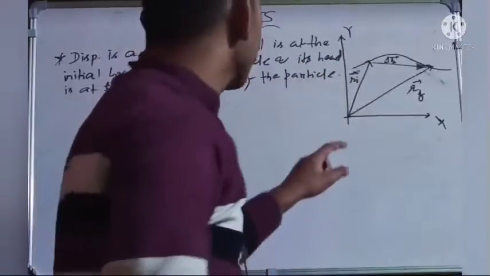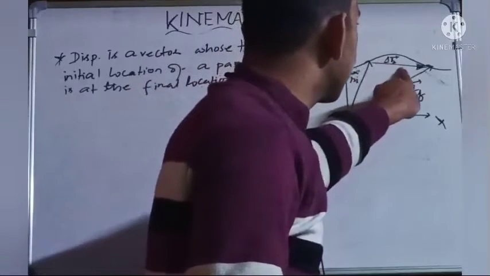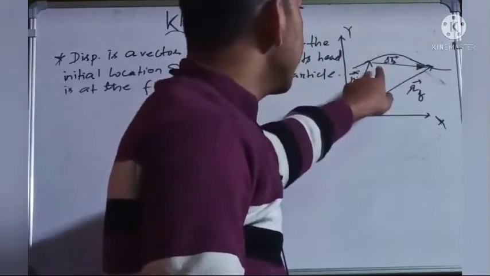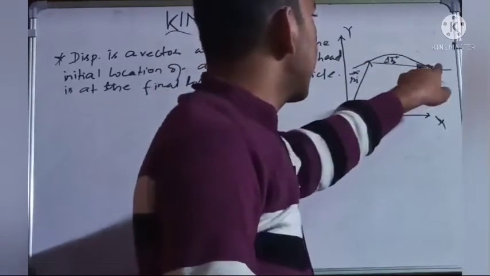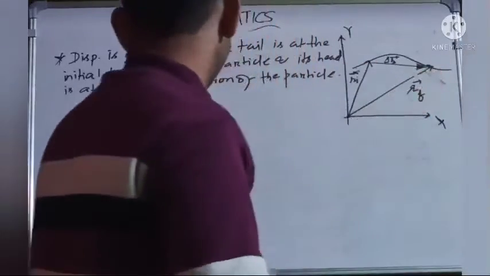Here we can see that this displacement vector, its tail is lying on the initial location of the particle and the head is lying on the final location of the particle.